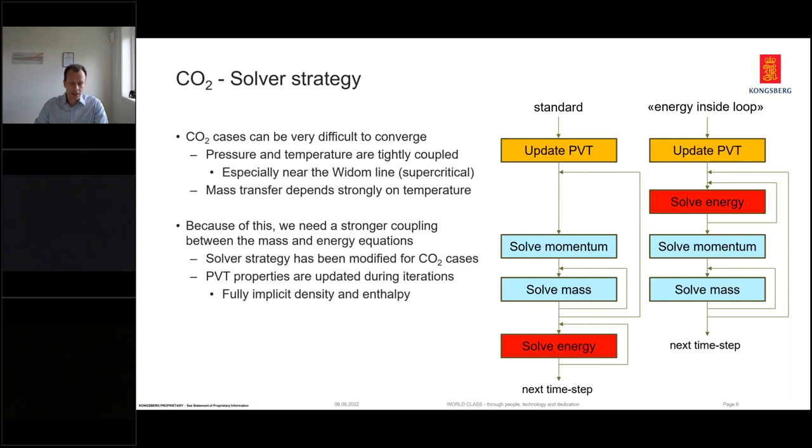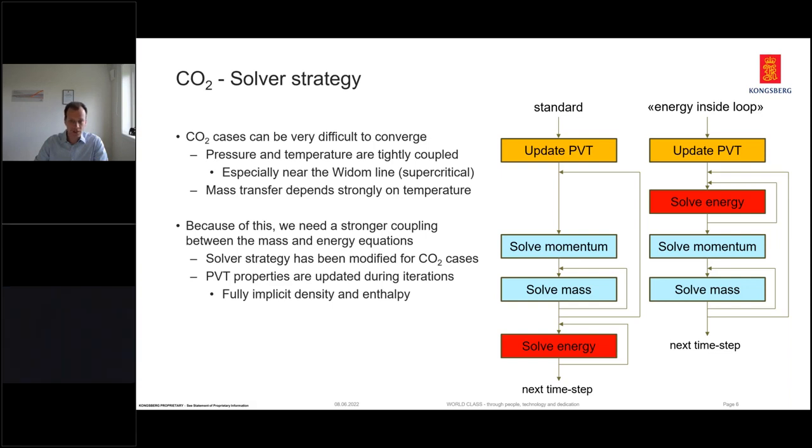What we do there is that during every time step we update the PVT properties first. Then we solve the momentum equation, then we solve the mass equation, and then there's an iteration loop around these two. That means we iterate until both mass and momentum equations are converged, and only then do we solve the energy equation sequentially afterwards.